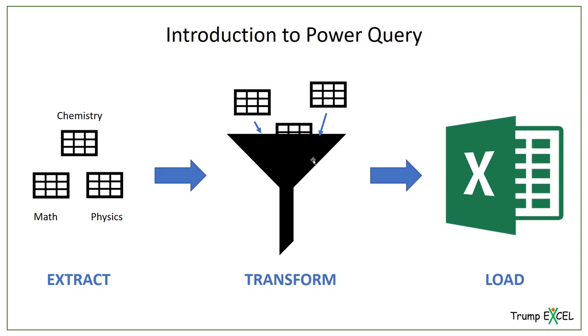And if this process has to be done again and again, you have already automated the process and you can simply refresh and the reports would automatically update. So Power Query is really powerful because it allows you to do all these steps and automate the entire process. And we will see how this works in the subsequent videos in this course.